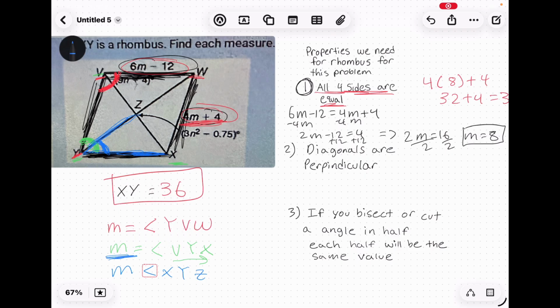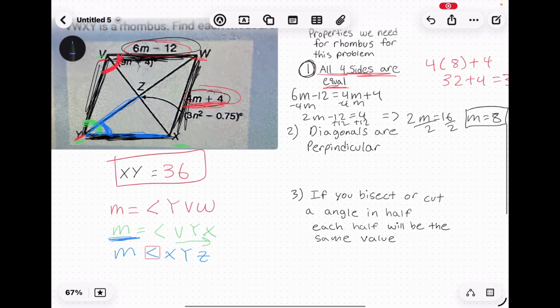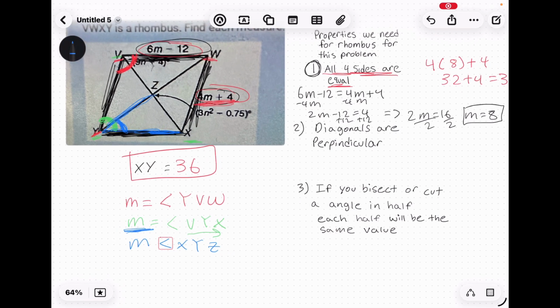So before we solve those equations, we have this equation, 3n squared minus 0.75. Now, one of the properties that we need to use for this is that diagonals are perpendicular. And what that means is there's a diagonal here that's perpendicular. This is also perpendicular.